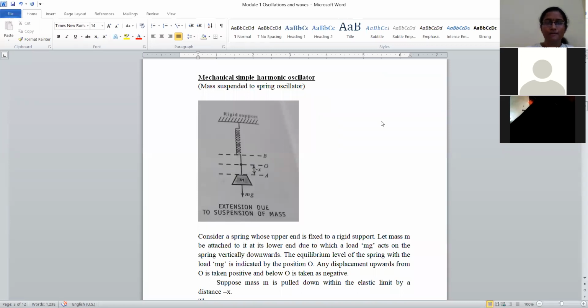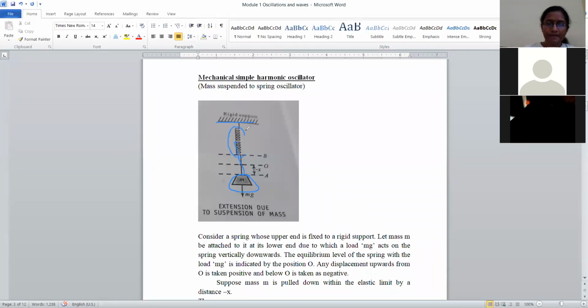Next, going to a mechanical simple harmonic oscillator, that is a mass suspended from a spring oscillator. See here, this is a rigid support and this is the mass. This mass is suspended using a spring.